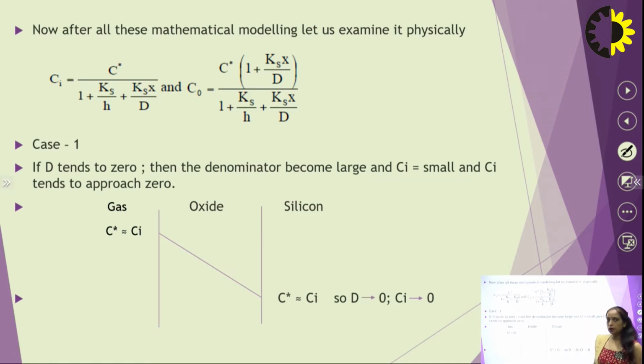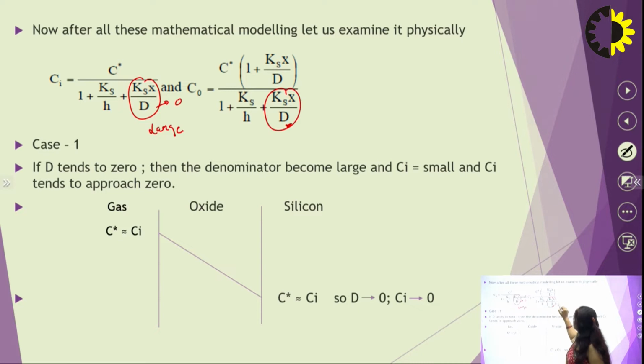One is when your D, that is your diffusion coefficient, tends to 0. If this tends to 0, your denominator factor will be very large, and this is also dominating on the numerator side.